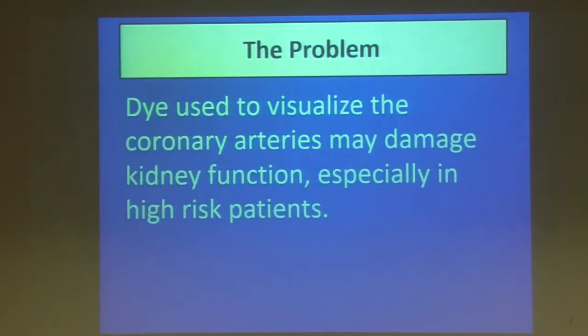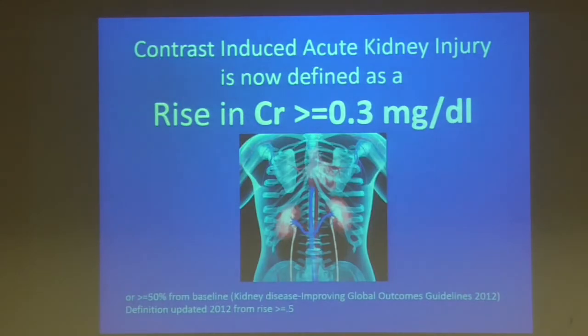As you know, the dye used to visualize the coronary arteries can damage kidney function, especially in high-risk patients. And in 2012, the definition set forth by the Kidney Disease Improving Global Outcomes Guidelines was updated. And so the definition of contrast-induced acute kidney injury is now defined as a rise in creatinine of greater than or equal to 0.3.